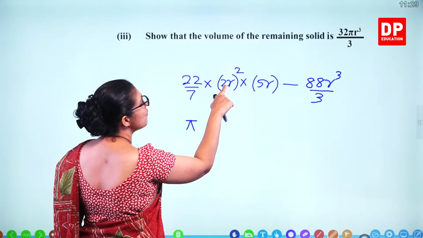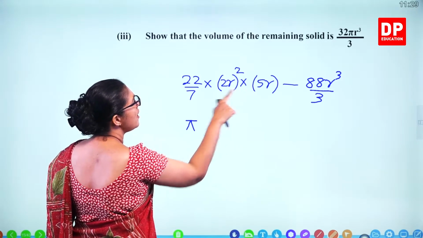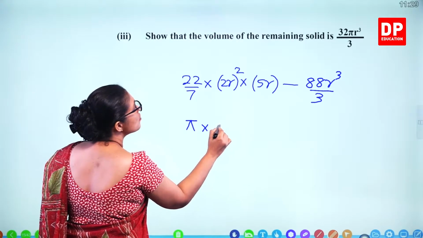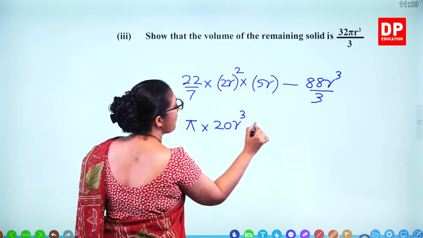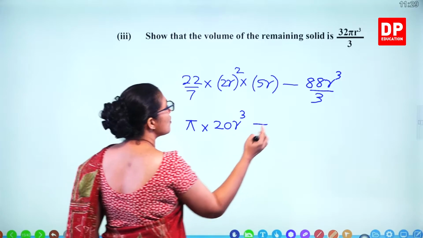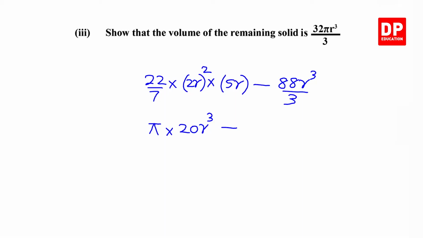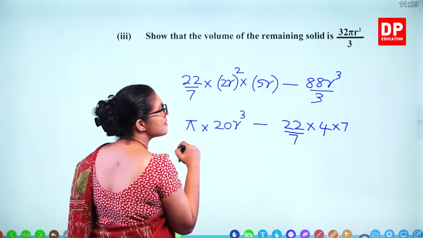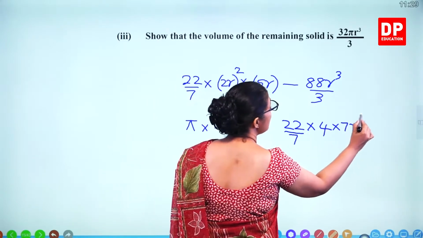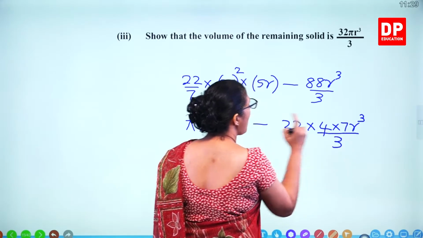So here you get 4r squared and 5r, 20r cube minus. So here I'll take 22 out. So you get 22 times 4 I can write instead of 88, and I need 7 there. So in order to get no difference, I multiply by 7 as well because I need in terms of pi.